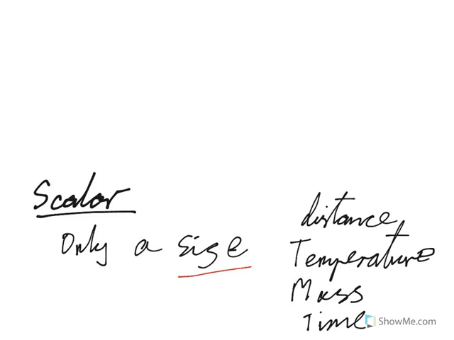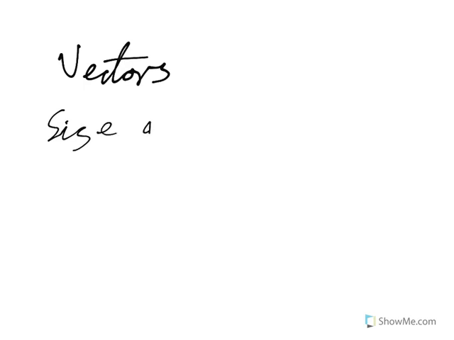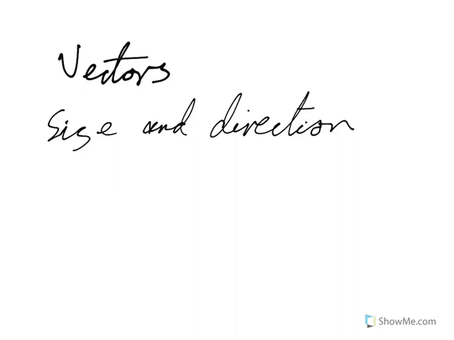But vectors, it's missing in your notes, have both a size and direction. So a scalar has just a size, whereas a vector has a size and a direction.